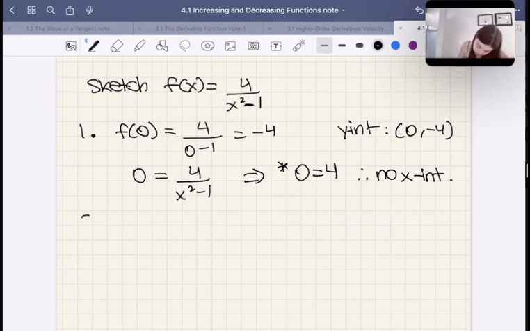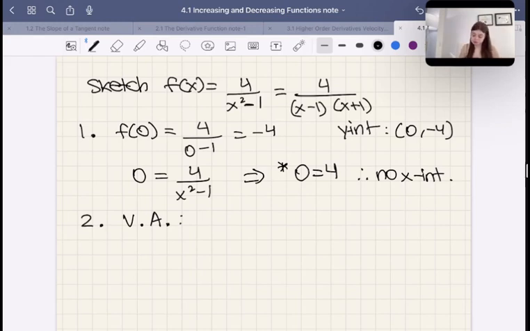Number 2 is what are the vertical asymptotes? VA. So what's our criteria for a vertical asymptote? It's where the denominator is going to be 0. So if we were to factor this denominator, we'd get 4 over (x minus 1)(x plus 1), which would mean that we'd have vertical asymptotes at x equals 1 and x equals minus 1 and no others.